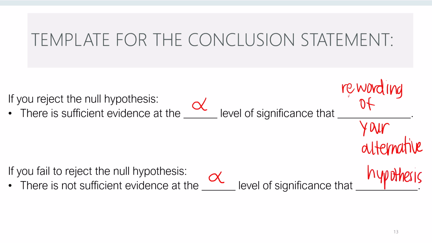So for the shoe size example, you might say there is sufficient evidence at the 0.05 level of significance that the mean women's shoe size is not 7.5. You would just reword your alternative hypothesis.